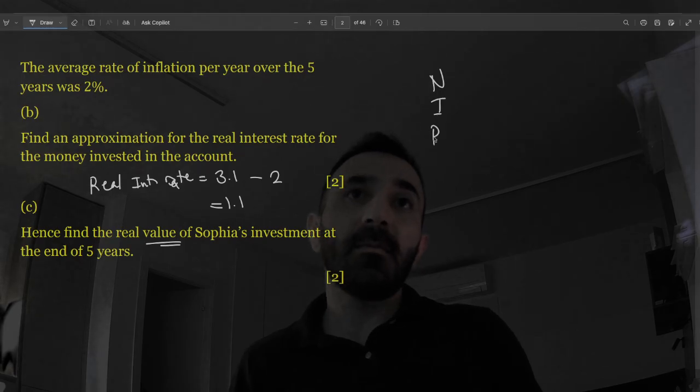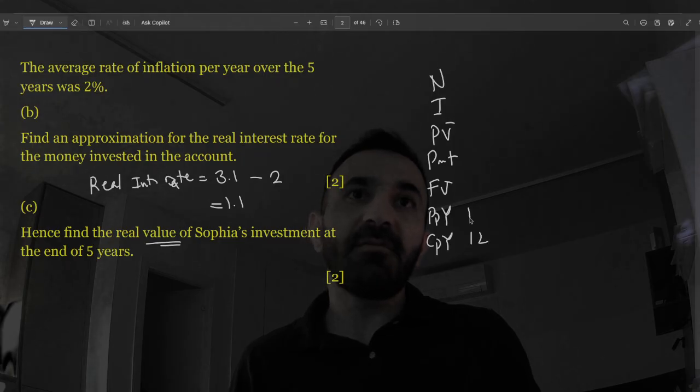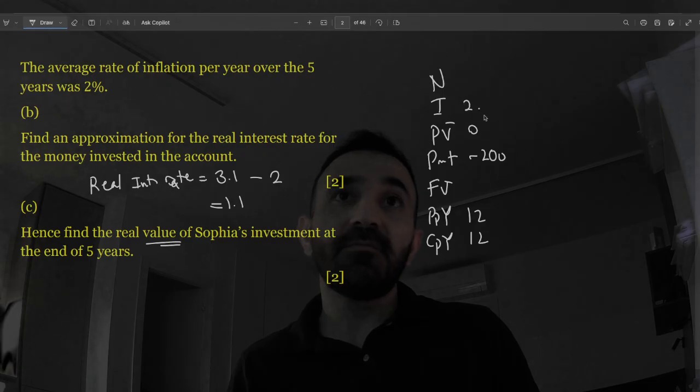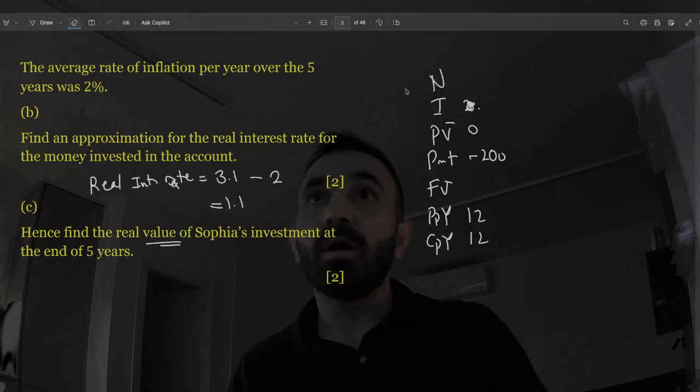I'm going to make the table one more time: N, I, PV, PMT, FV, PPY, and CPY. Everything is going to be the same. The only thing which is going to be different is the interest rate, which is going to be 1.1.